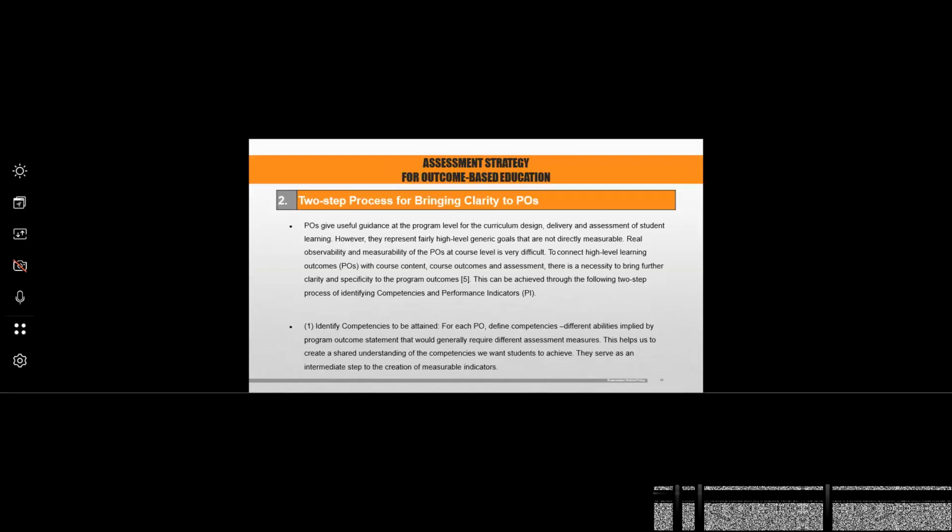Imparting engineering knowledge is program outcome 1. For this program outcome, what competencies do we need to define? Accordingly, we need to define the performance indicators also. I will tell you what the competencies and the performance indicators are. Next slide, please.